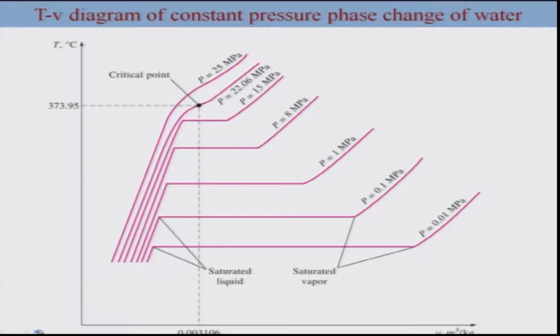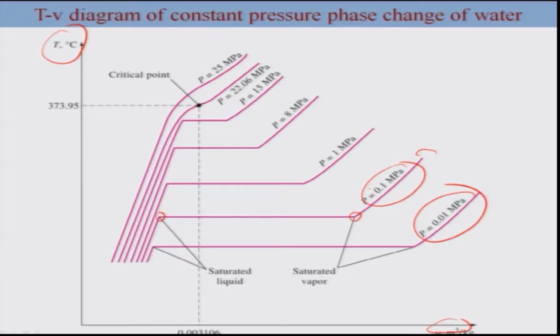So again, going back to the values for water. This is temperature, again this is specific volume, and earlier we talked about 1 atmosphere, very close to 0.1 megapascal. We were heating from the compressed liquid case to saturated liquid, and then further to saturated vapor, and then superheated vapor. Now if you change the pressure to a lower value, such as P equal to 0.01 megapascal, what do you see?